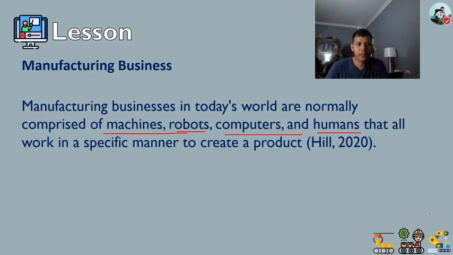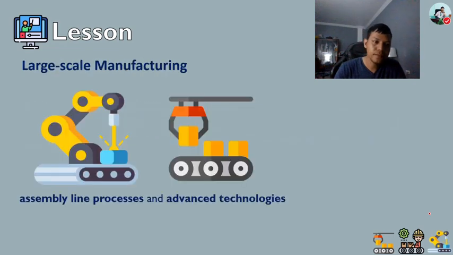Some manufacturing businesses or firms use machines, robots, or computers, just like in the car industry, where the majority use machines and robots for manufacturing the car. Large-scale manufacturing, for example, allows for the mass production of goods using what we call the assembly line process.